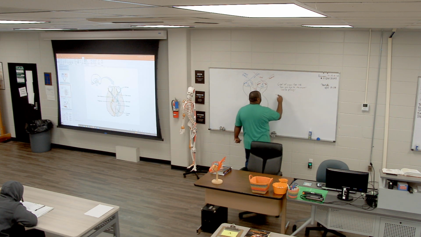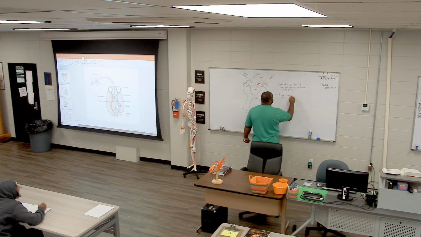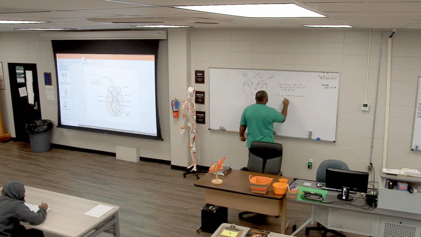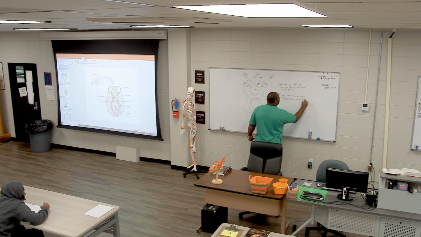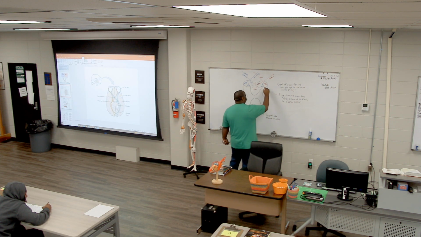So the eye transmits vision from the rods and cones of the retina to the optic nerve. And the optic nerve is right in here. This is the retina with rods and cones inside of the eye.